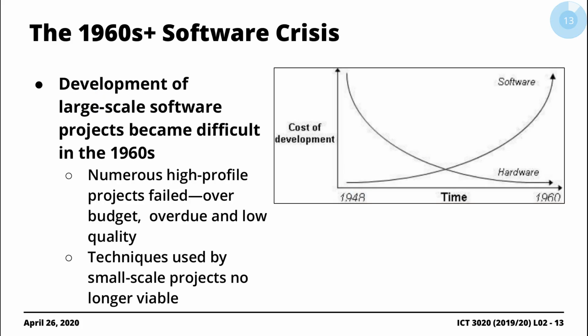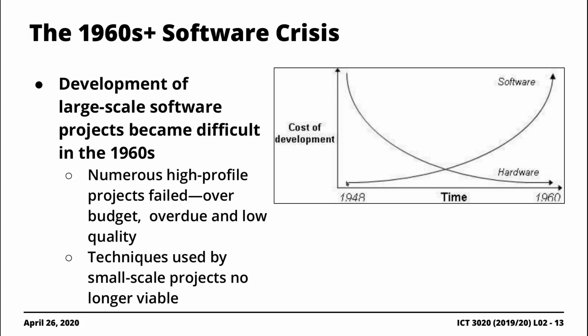And it turns out that this whole issue of project management actually began in the 1960s when something very peculiar happened. The so-called software crisis manifested itself. What people realized somewhere in the 1960s was that the relative cost of hardware was going down.